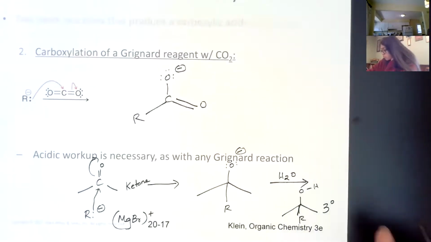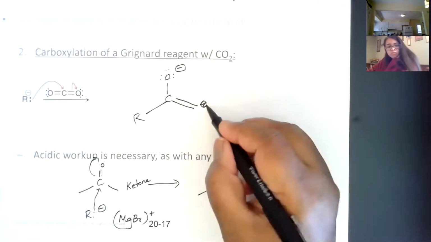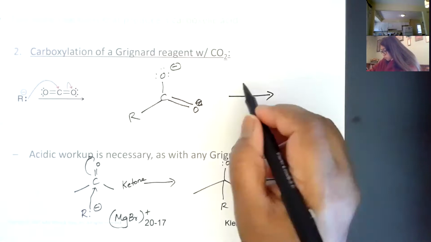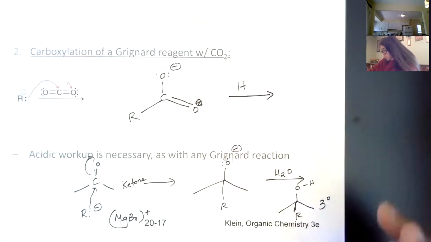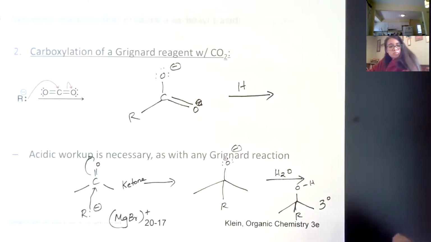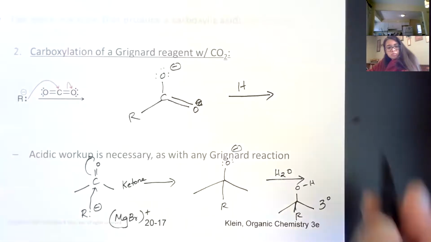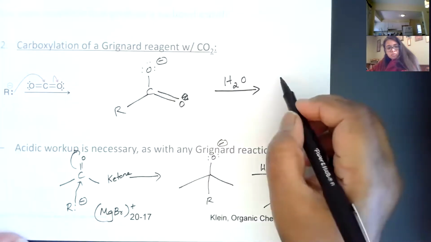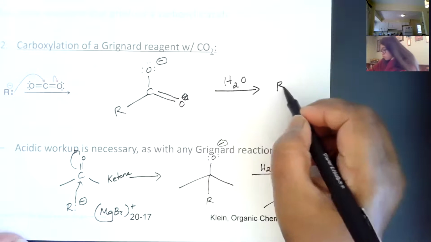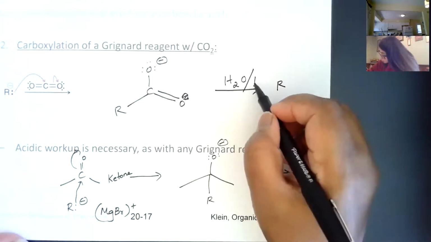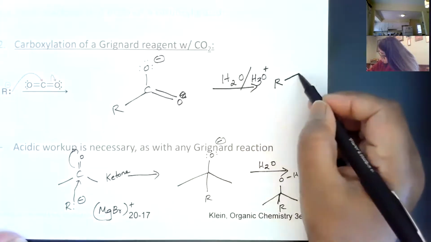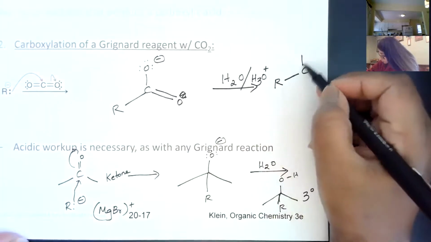And I'm surprised that it worked too. You know why? That oxygen is far away. And then you work it up with water, or they could even use acetic. I think for this you need H3O plus because it's an acid, not just water.